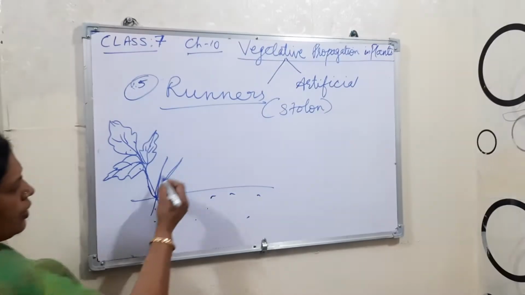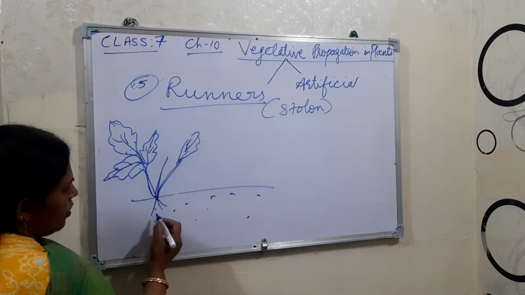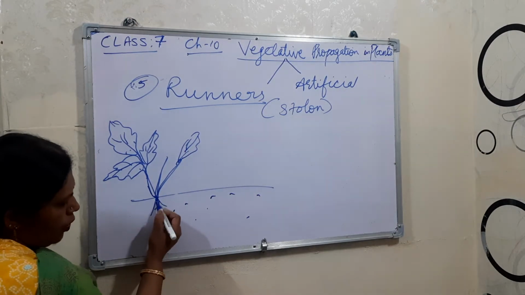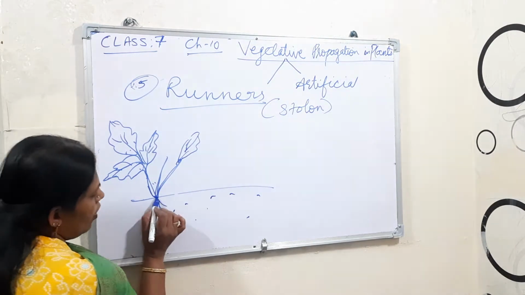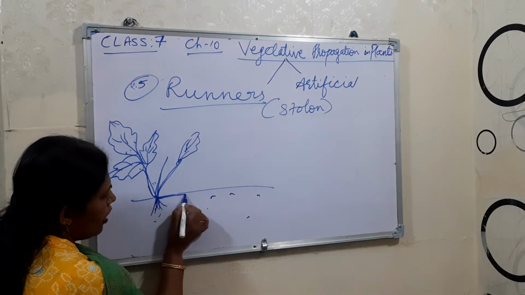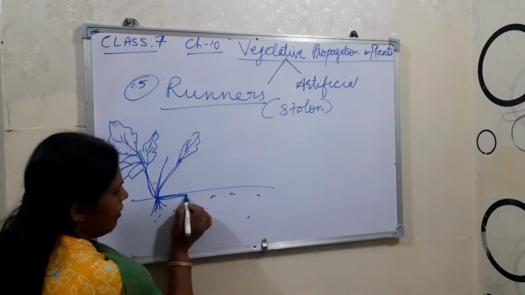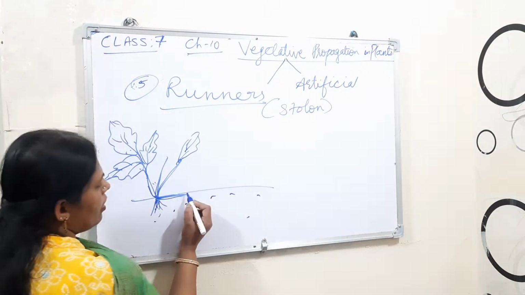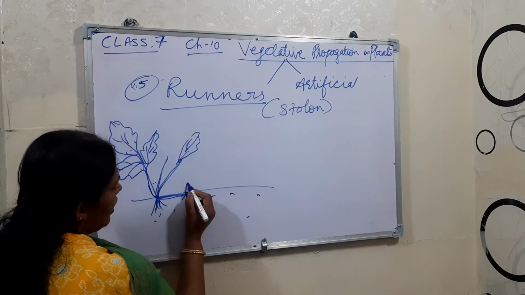Okay, this is the mother plant. Afterwards, how it grows: here is the root portion, right, and this is the shoot portion. Now from here itself the root grows horizontally, spreading on the ground, and from here again it produces small roots and a small bud.